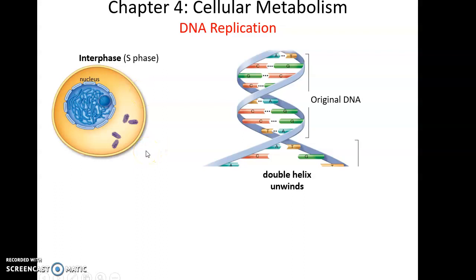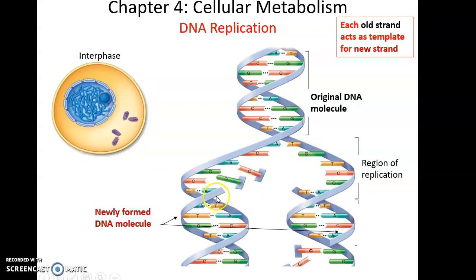All right, DNA replication, the production of new DNA. As we know, this occurs during the S phase of interphase. And we start with the original DNA. The original DNA is then unwound, so the double helix is split, forming 2 single strands of DNA. And then the new strand of DNA is formed on the old strand via complementary base pairing.